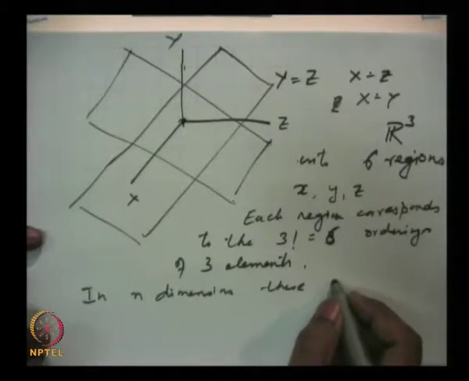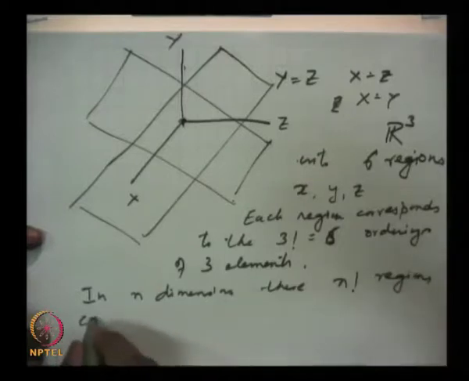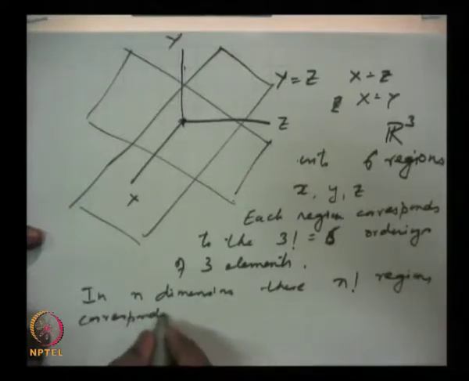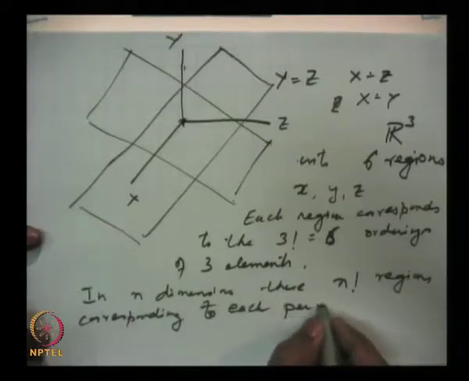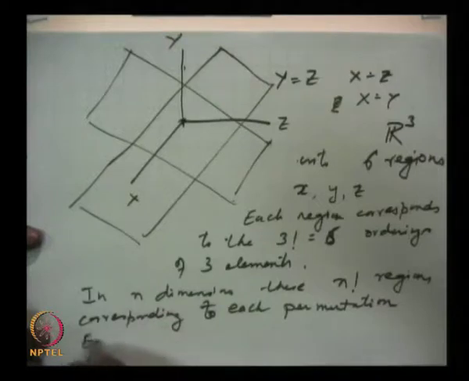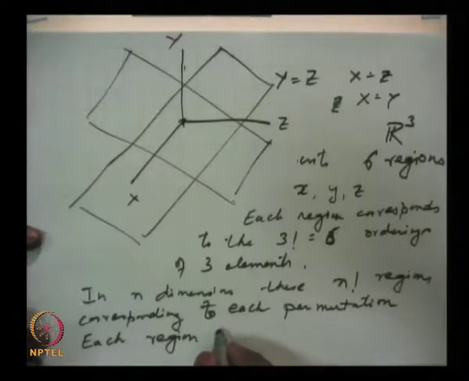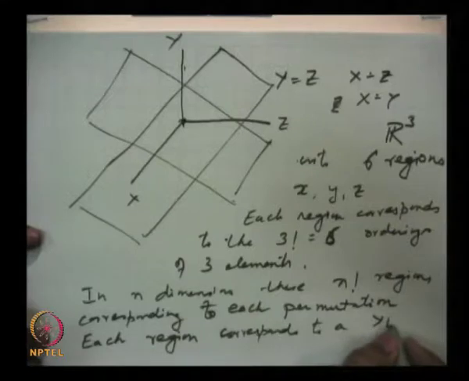Each of the n factorial regions corresponds to a permutation, and each region is a yes answer, right, because there are no duplicate elements, and so it corresponds to a yes answer.